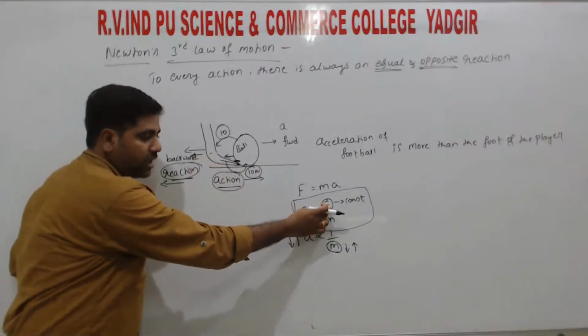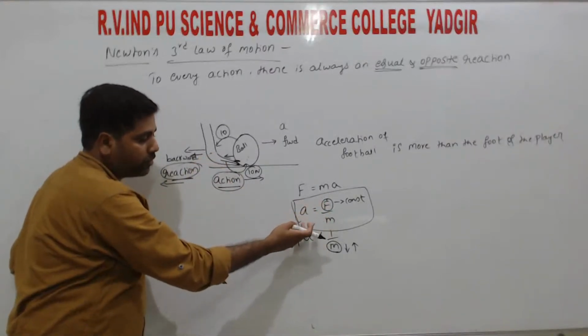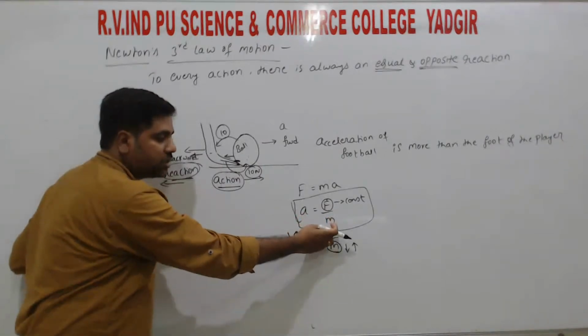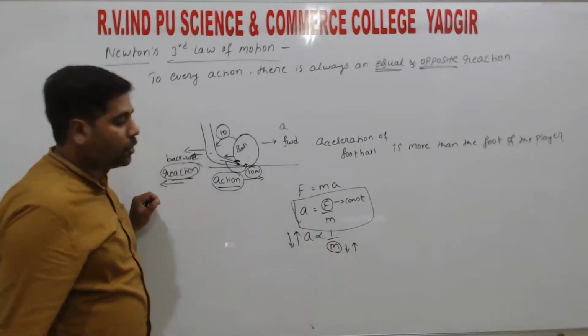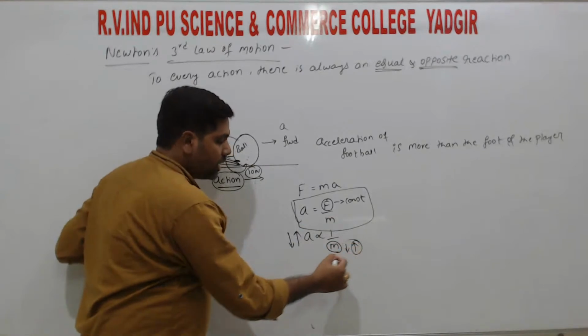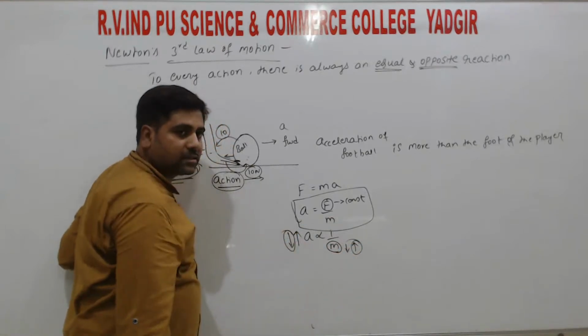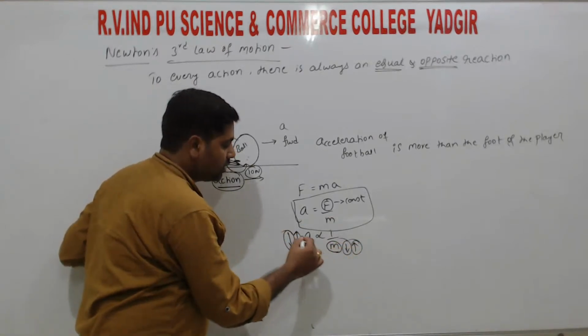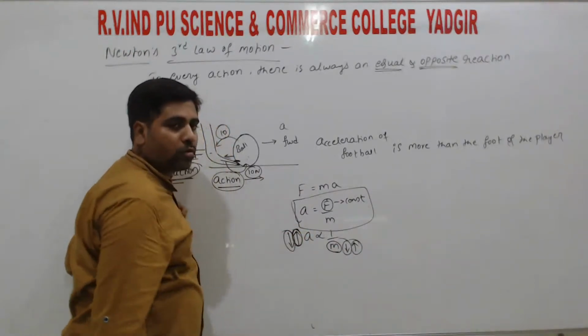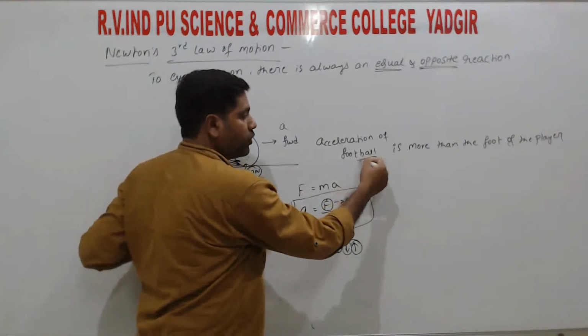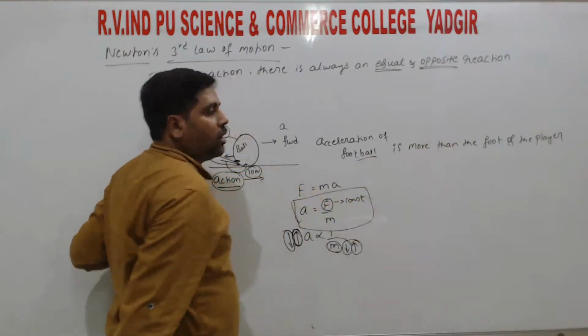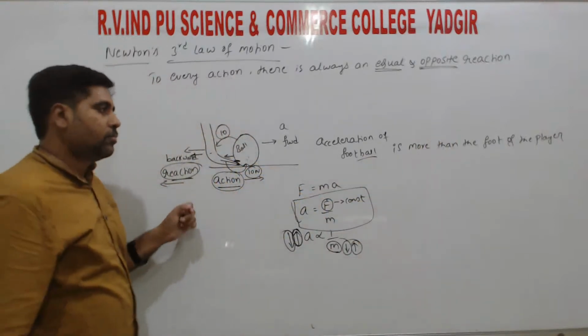So in both cases, F is constant. From that we can directly write a is inversely proportional to m. So if the mass is more, then acceleration is less. If the mass is less, then the acceleration is more, right? So hence acceleration of the football is more than the foot of the player, right?